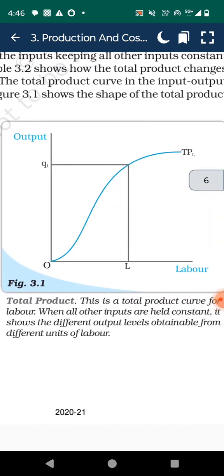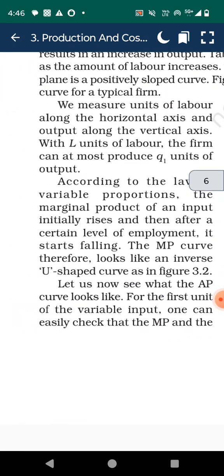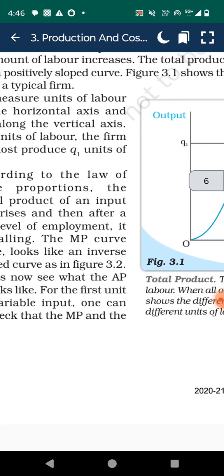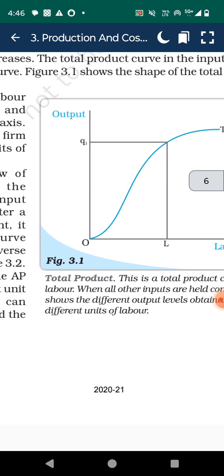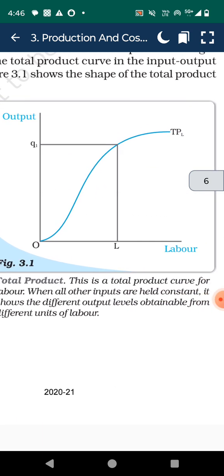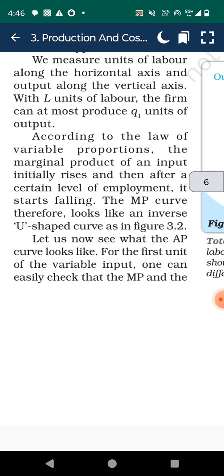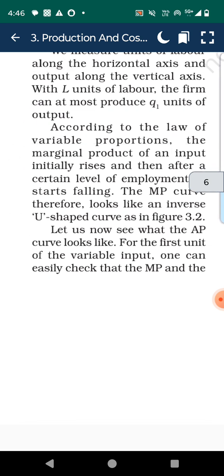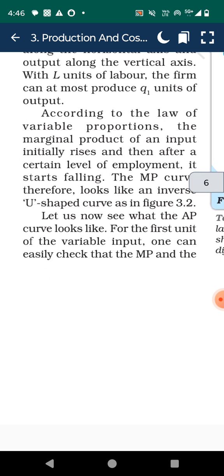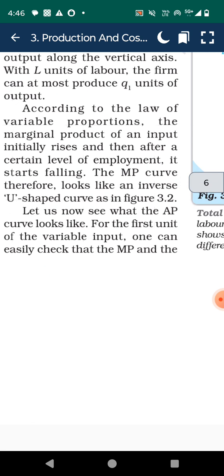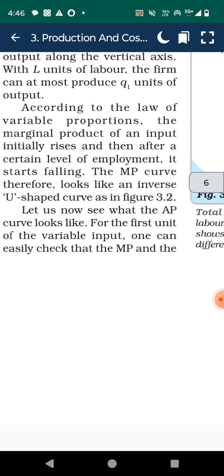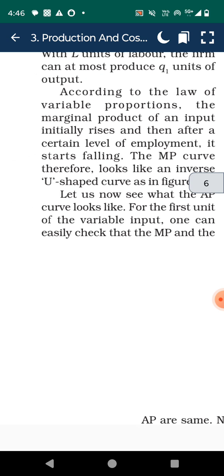The total product curve in the input-output plane is a positively sloped curve. Figure 3.1 shows the shape of the total product curve of a typical firm. We measure the units of labor along the horizontal axis and the output along the vertical axis. With L units of labor, the firm can at most produce Q1 units of output.